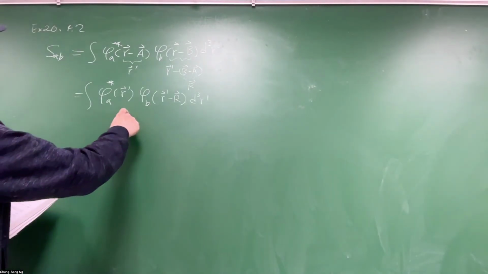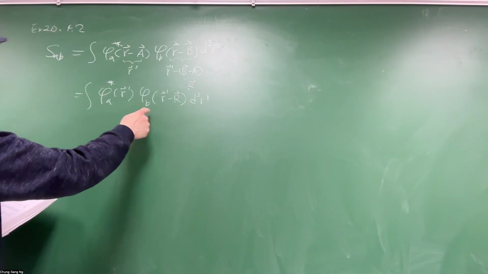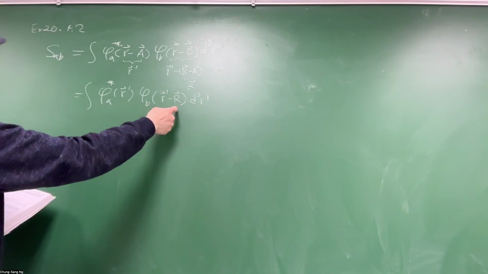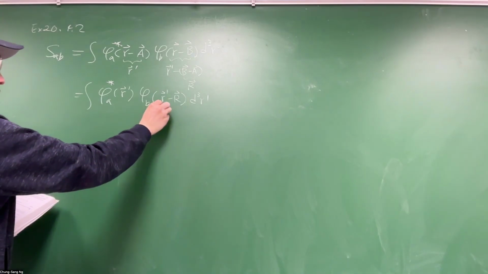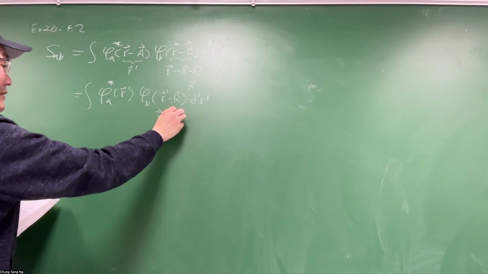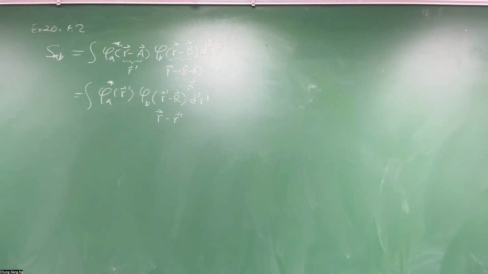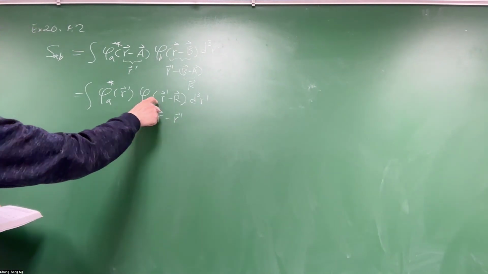The usual definition of convolution is another function with r minus alpha. But you go back to that definition, and this is not exactly the same, with a negative sign.